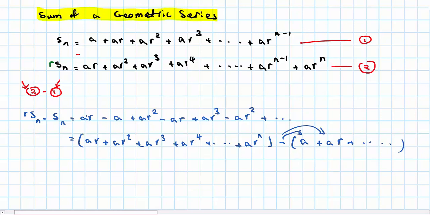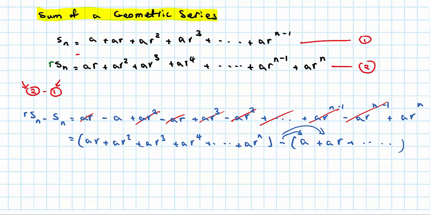But the way I've written it above, you can see that this ar will cancel with this ar, ar squared will cancel with ar squared, and ar cubed will cancel with ar cubed. If I was to keep going, I will have ar to the n minus 1 minus ar to the n minus 1 plus ar to the n. So every term in between cancels, and all I'm left with is that first and the last term.